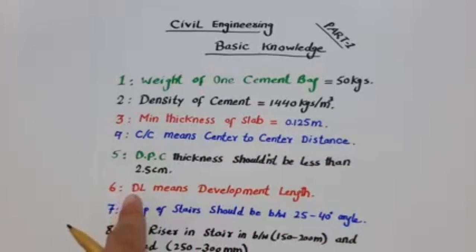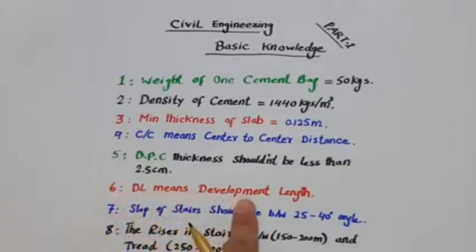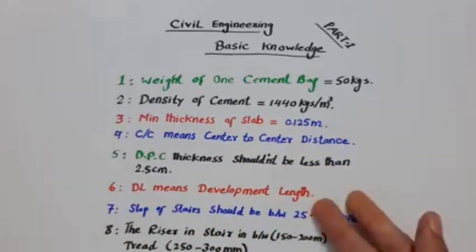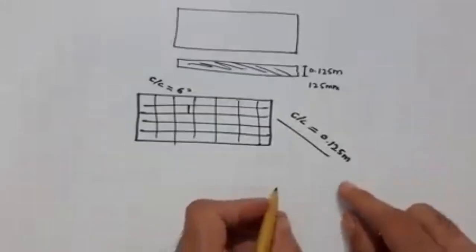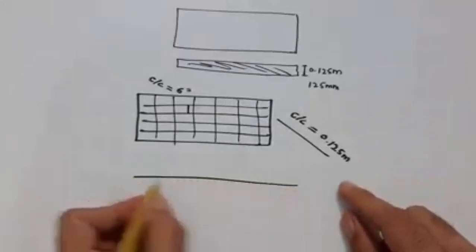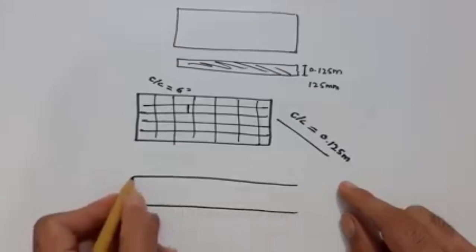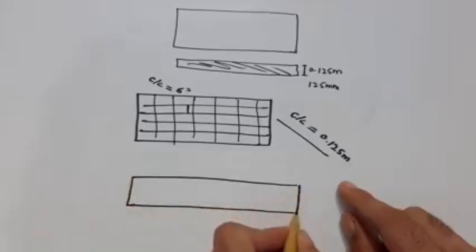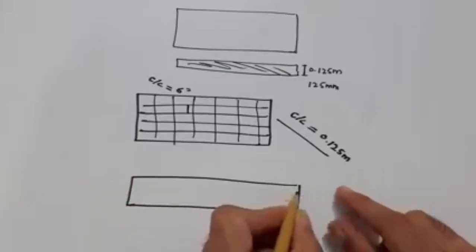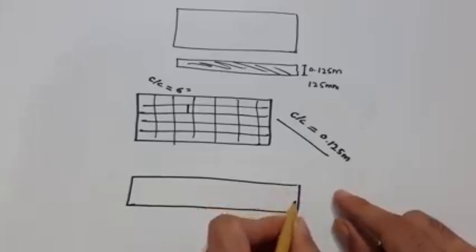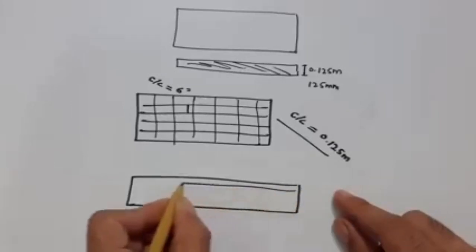The sixth one is, guys, DL, which means development length. What is development length? Guys, you can see here, this is a beam. Inside this beam I am providing steel rods, in long section. You can see these are steel rods.